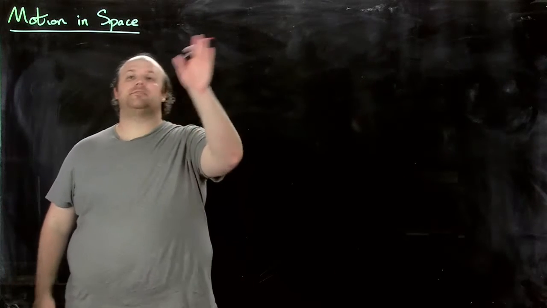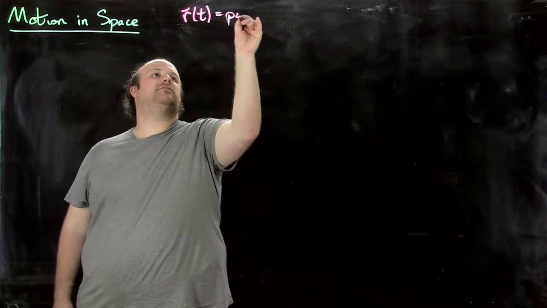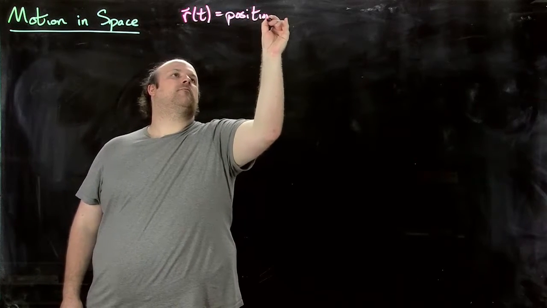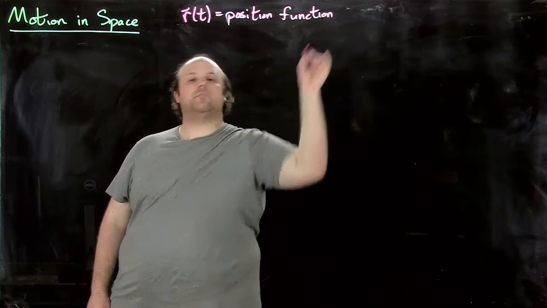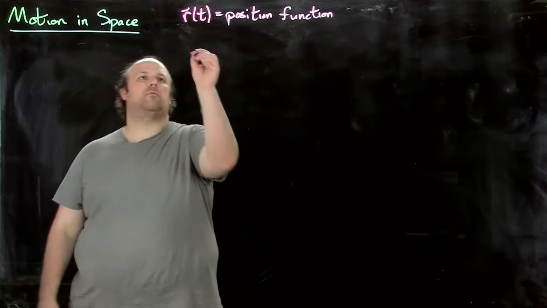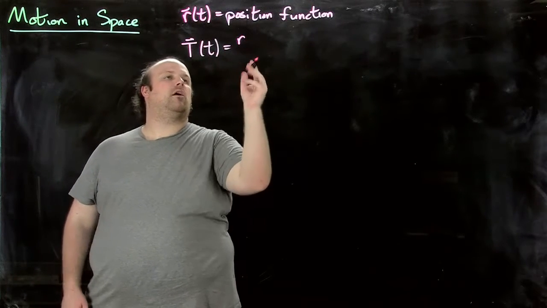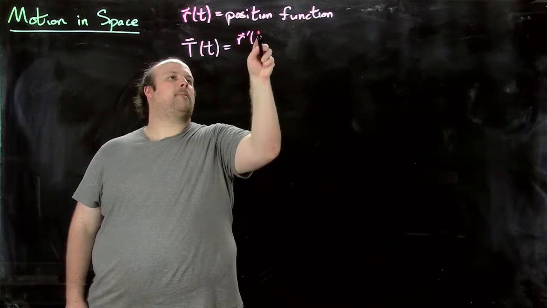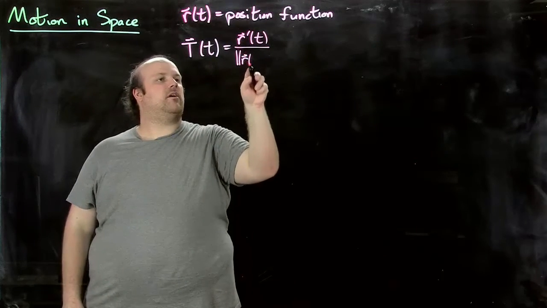Well, let's just write out here r of t, this will be the position function. And what is its unit tangent vector? Well, remember, that's simply r prime of t divided by the magnitude of r prime of t.